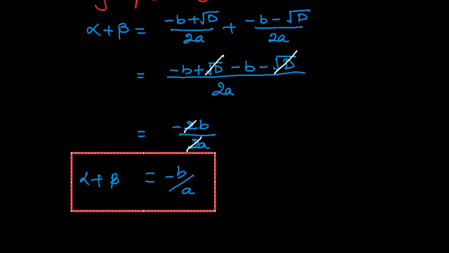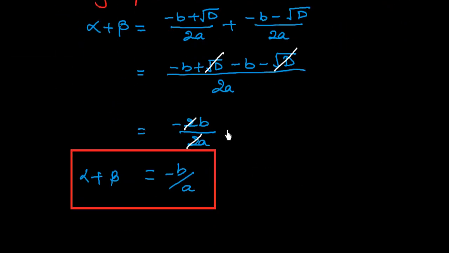Here I would like to explain one thing more, because we know that ax square plus bx plus c is equal to 0. This is our general form of the quadratic equation. Here you see b is the coefficient of x.